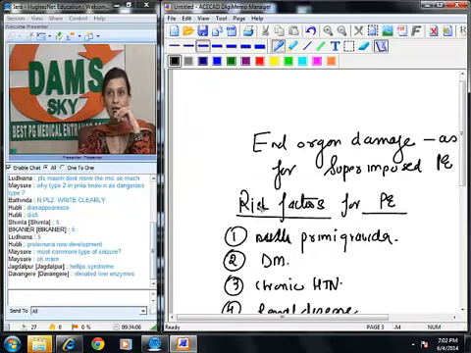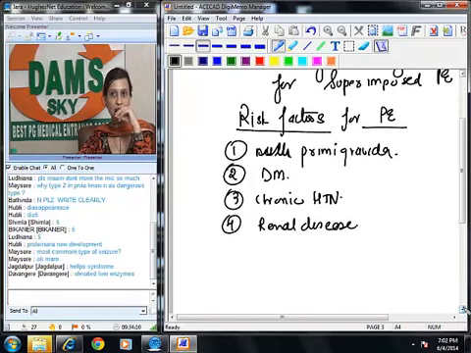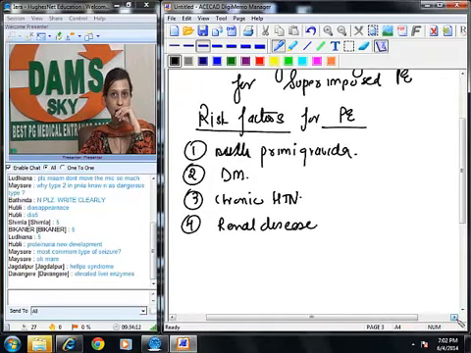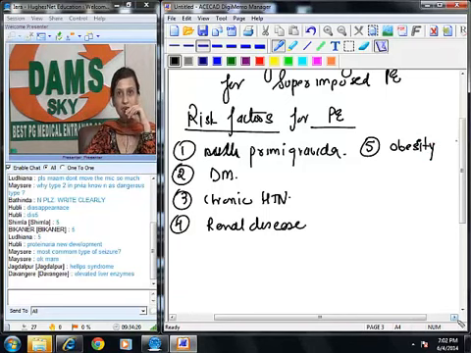Renal disease is again a risk factor. Obesity is again a risk factor for preeclampsia.